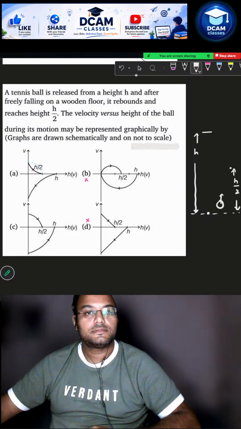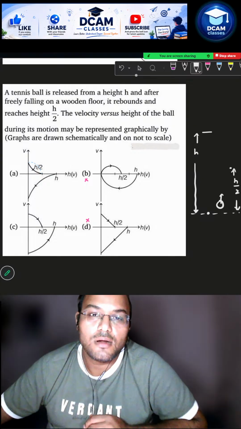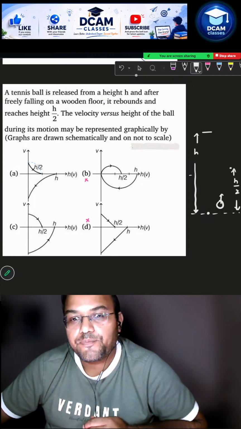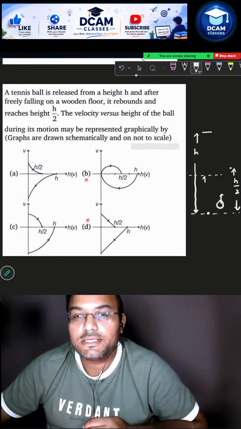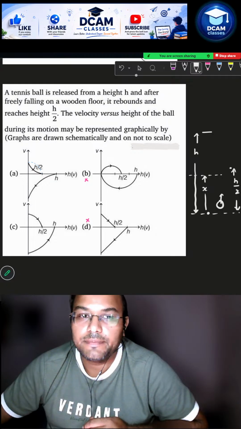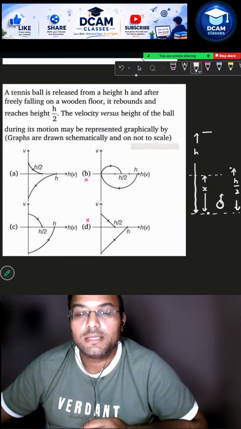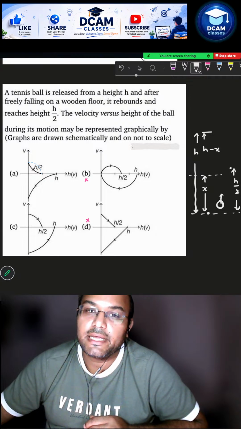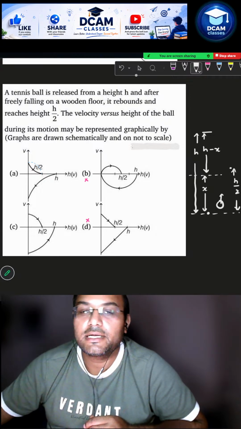Velocity versus height of the ball. Let's say at any time t, suppose it has reached the height x. Then the displacement covered would be h minus x, correct?